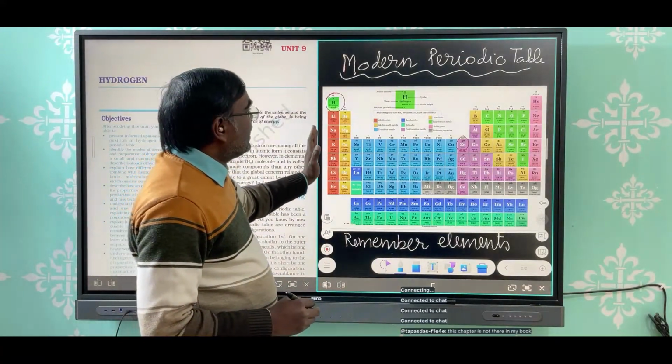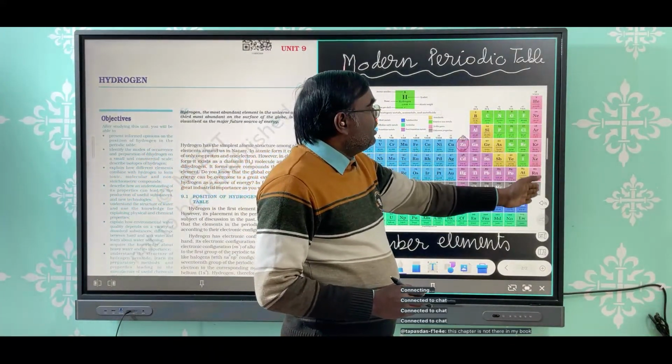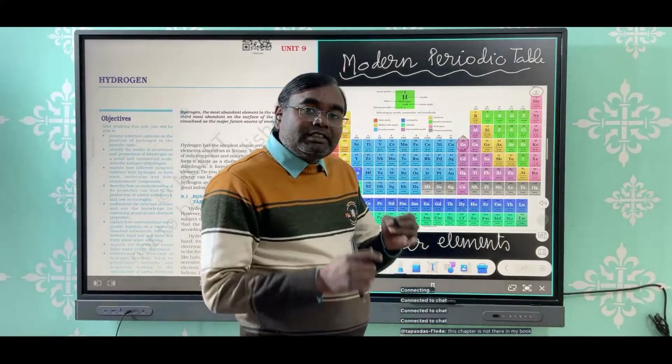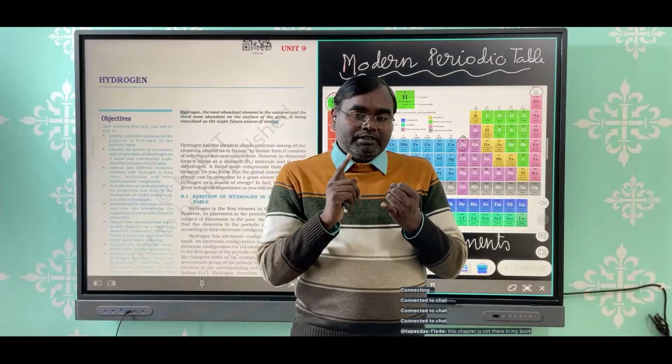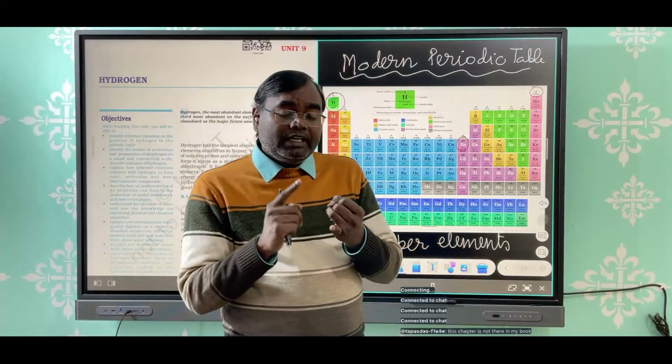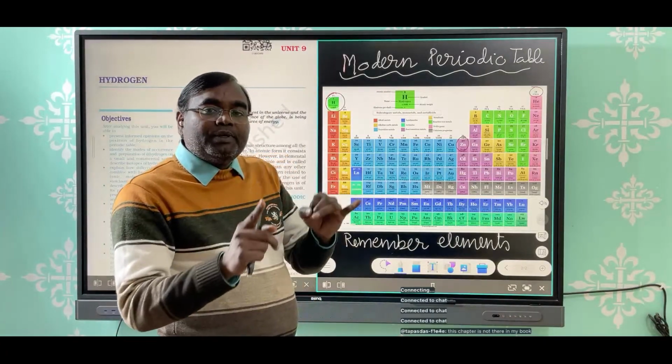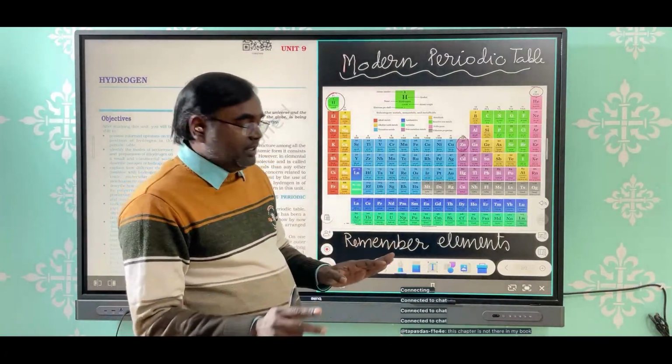Similarly, you can remember the last group, 8A, the inert gases. They are the noble gases. They don't normally react with any other elements.